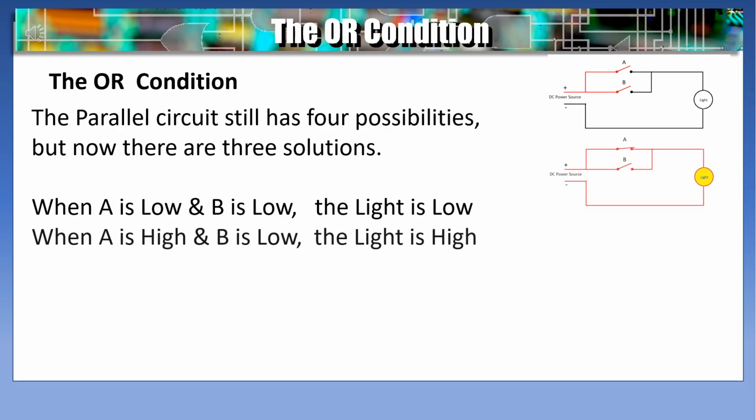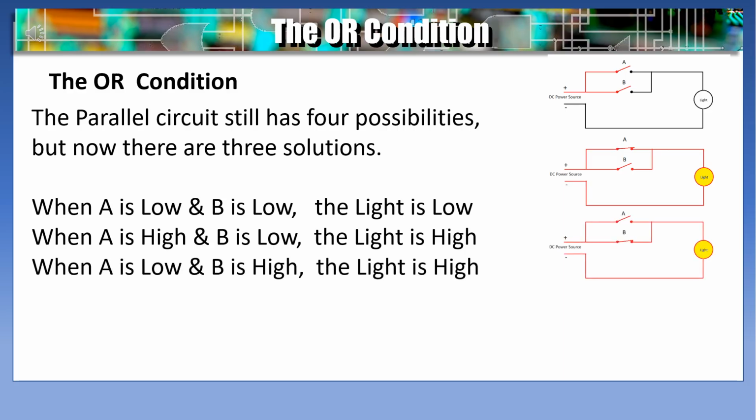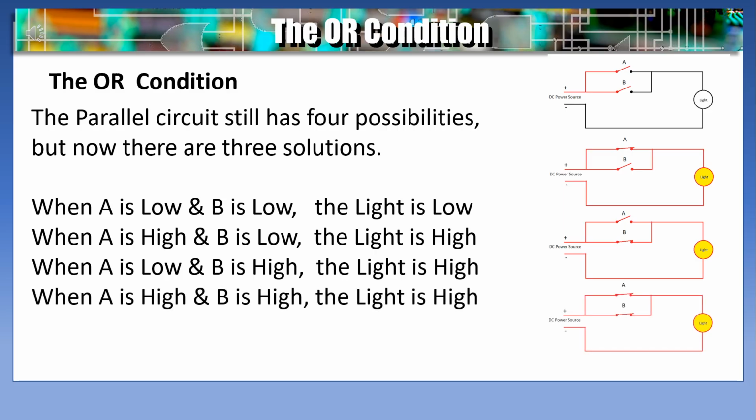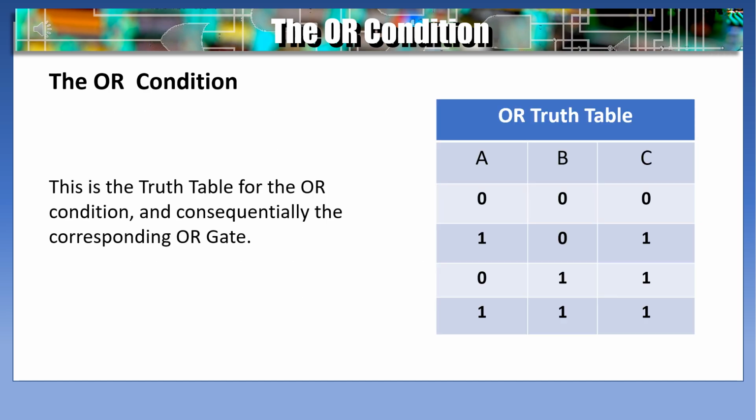When A is high and B is low, the light is high. When A is low and B is high, the light is high. And finally, when A is high and B is high, the light is high. This is the truth table for our OR condition, and consequently the corresponding OR gate.